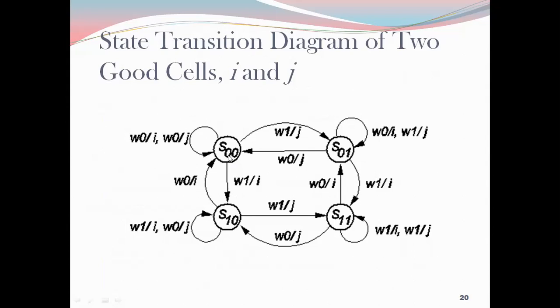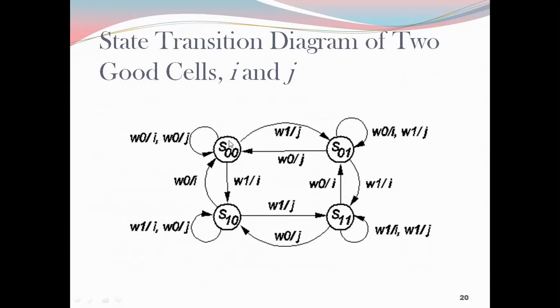So the first numeral indicates the cell value contained in I, and the second tells me the value of the jth or the aggressor cell. So basically it is based on the Moore state machine model. Here each state is not a cell value, but represents the cell values of both the aggressor and the victim.